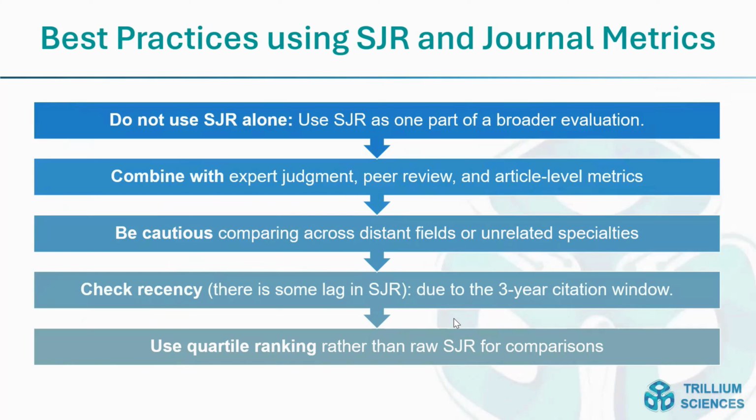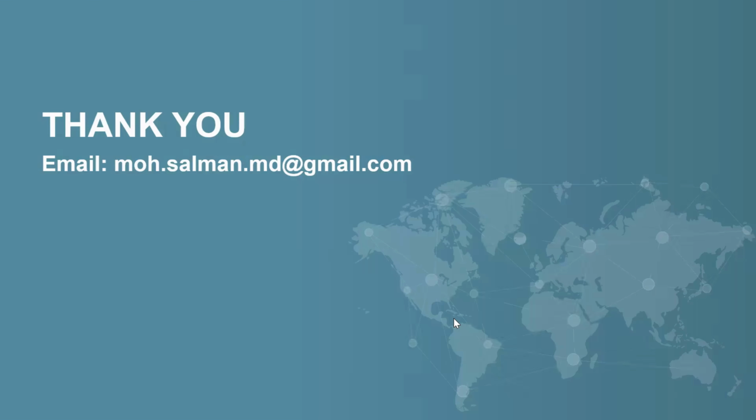And be cautious that comparing across different fields and unrelated specialties can be tricky. The most important thing is you should check the recency when depending on SJR, because there is some lag in SJR due to the 3 year citation window. And use the quartile ranking rather than the raw SJR for comparisons.